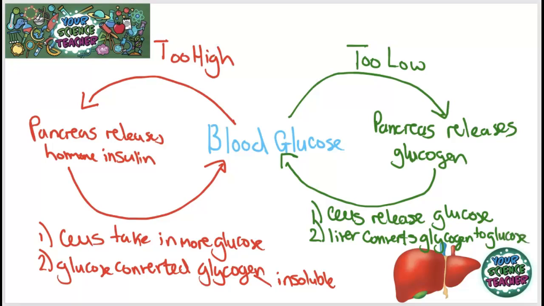Now, unfortunately, not everyone is able to control their blood glucose levels as they would like, and we call this condition diabetes. And we're going to have a little bit of a look into what diabetes actually is and the two different types of diabetes. Now, diabetes can be split into two types, and we're going to look at the first one as type 1 diabetes.